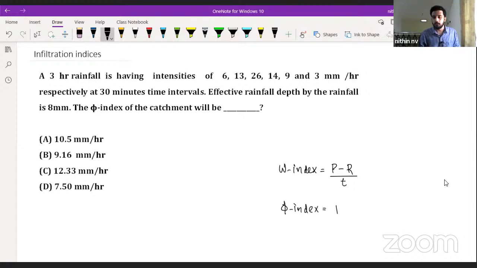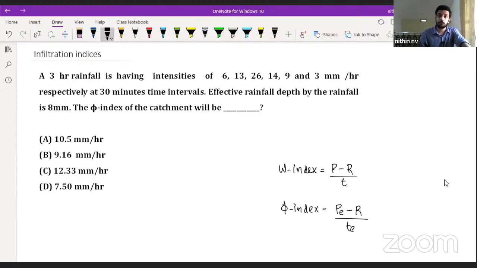We know in the last session, in part 1, we also discussed the synonyms of runoff: effective rainfall, useful rainfall, then excess rainfall, etc. So that effective rainfall we are denoting as E. This stands for those rainfalls which are producing the runoff value. So (PE minus R) divided by TE, the corresponding time of that PE, is nothing but the phi index. Okay. So this is the equation.